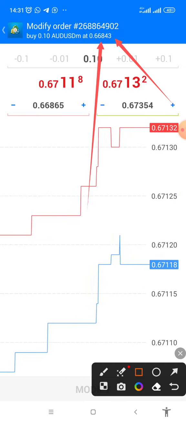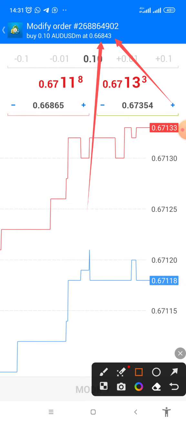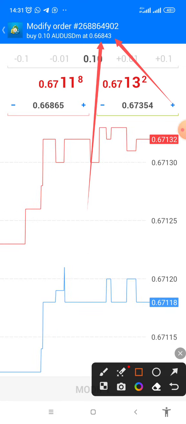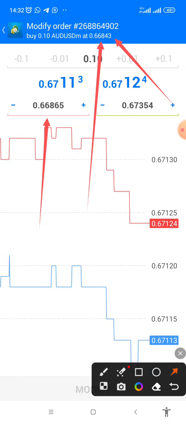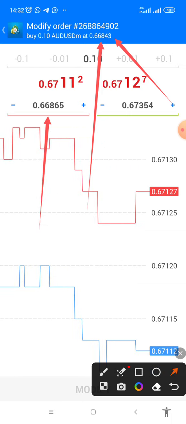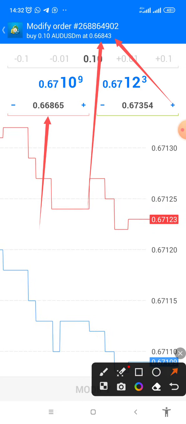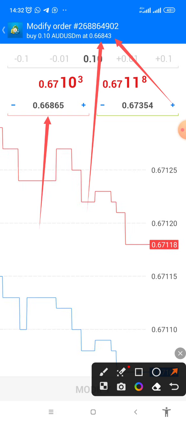So if you are moving your profit above this quote, then you can choose to make your stop loss a bit higher than this price. So you see that my stop loss is 0.66865. The entry is 0.66843. So there's a difference of 2 pips.